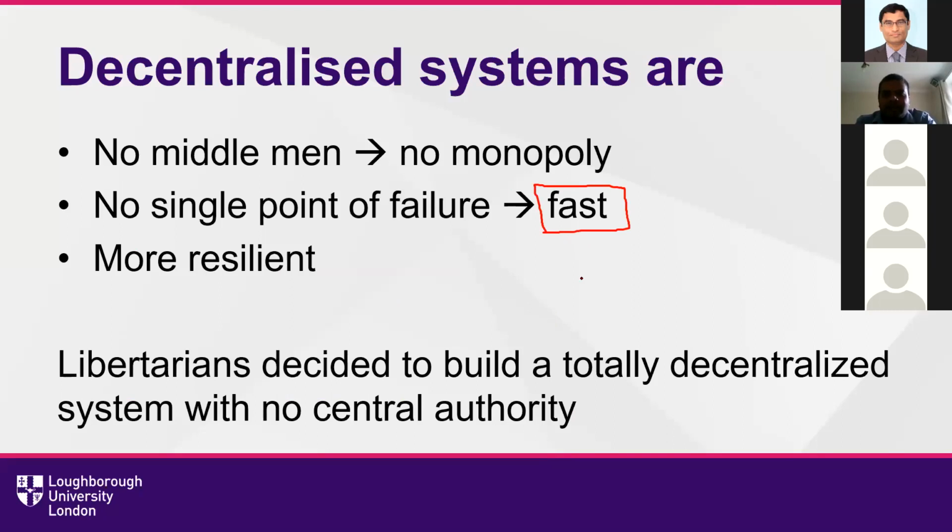When they translated my name from Tamil to English, there was a mistake between my birth certificate and name, and it took nearly 3 days to get a certificate. But if it is decentralized, if you automate everything with no middleman, things will be fast, and also more resilient. So libertarians decided to build a totally decentralized system with no authority.